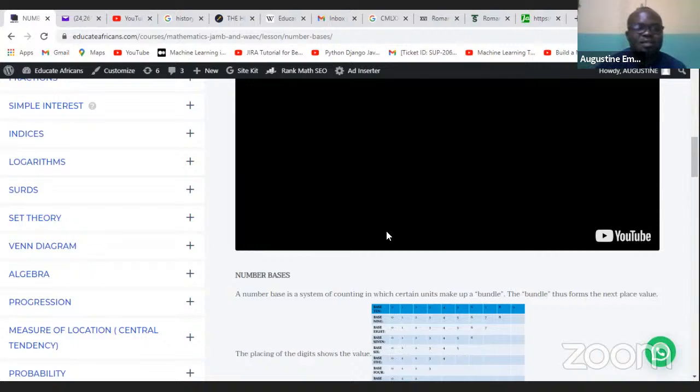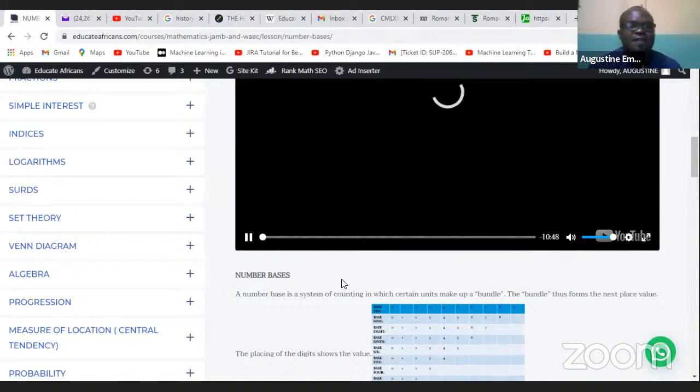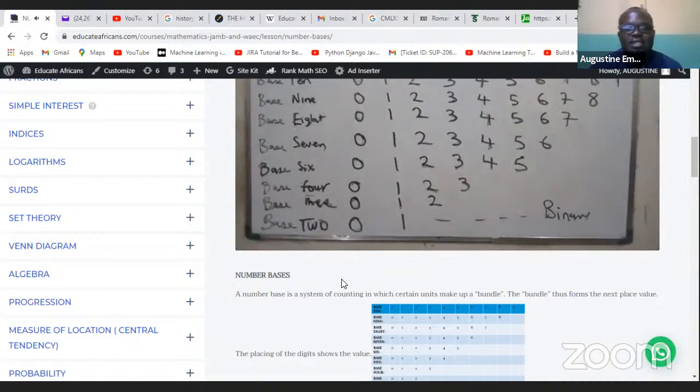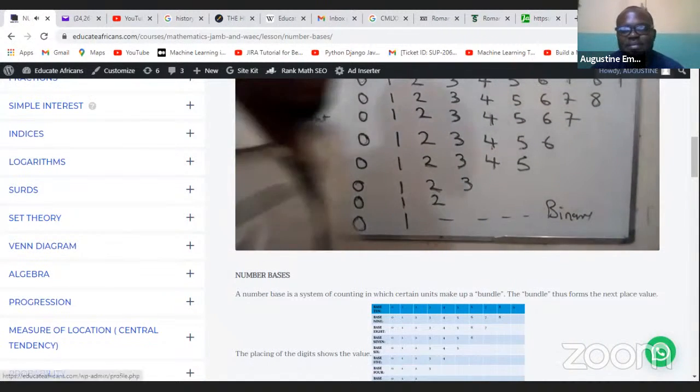That is how the computer counts. So you can have your counting in base 2, which is binary. You can have it in base 10, which is decimal. You can also have it in other bases like base 9, base 8, and the rest of them.